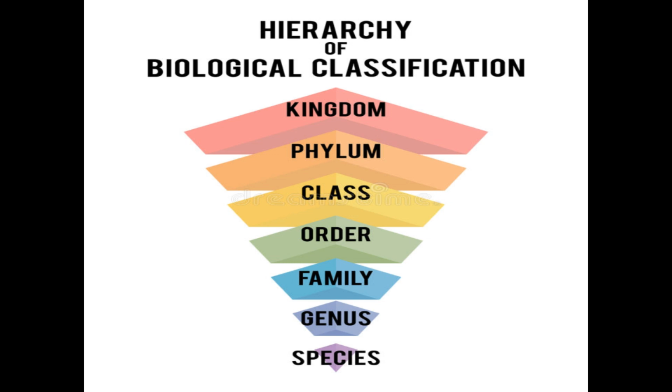Their structures are different, their shapes are different, their life cycles are different, their stage of development is different, their genome is different. So it's not only the color which can classify living things.